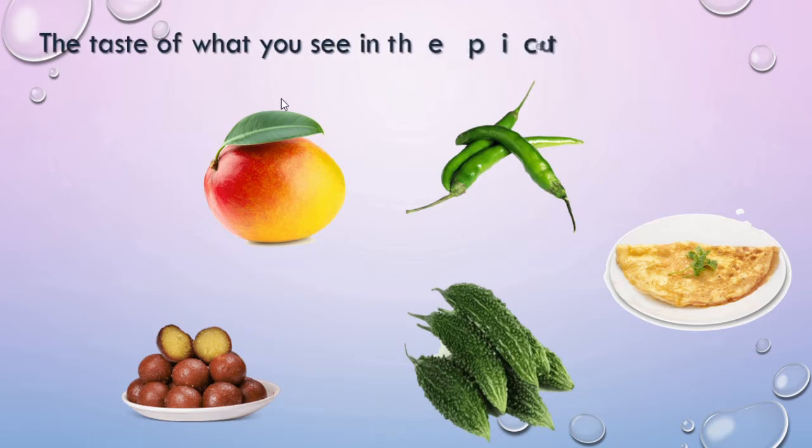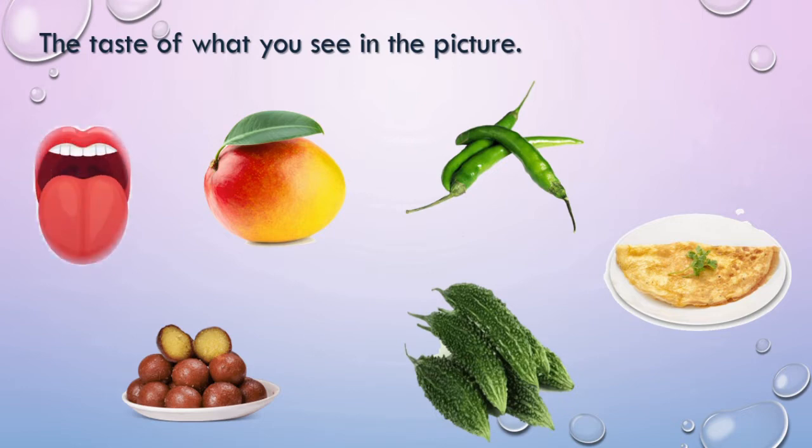The taste of what you see in the picture. Who tells this? Yes, our tongue. This mango is sweet and juicy. These gulab jamuns are very sweet, yummy, correct? And these chilies are hot.